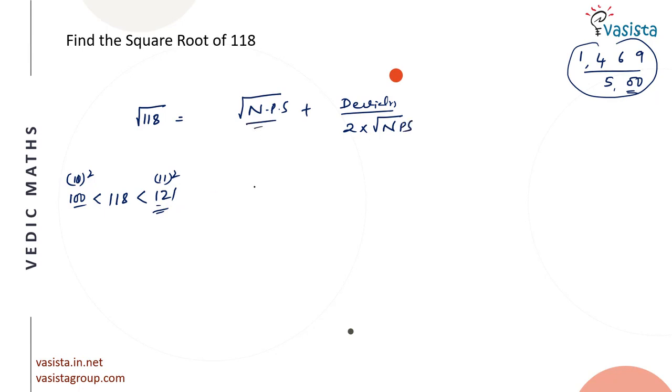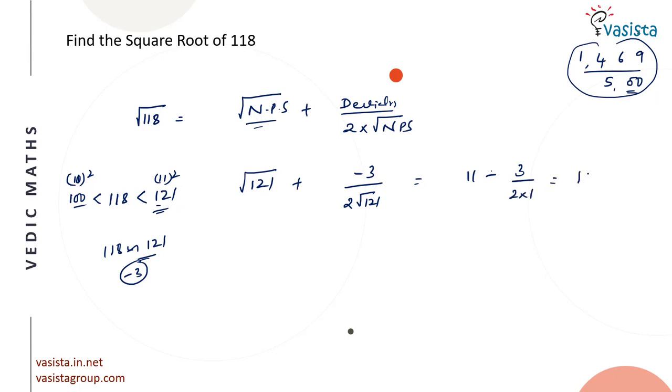The nearest perfect square is 121, plus deviation. Here 118, the difference from 121, the deviation is going to be minus 3. So minus 3 divided by 2 into square root of 121. This will become 11 minus 3 by 2 into 11. It's nothing but 11 minus 3 by 22.